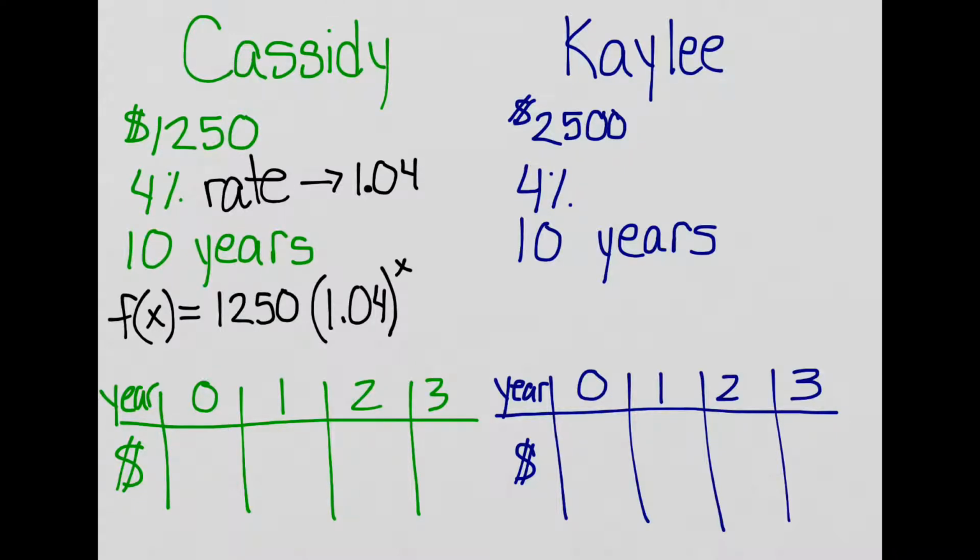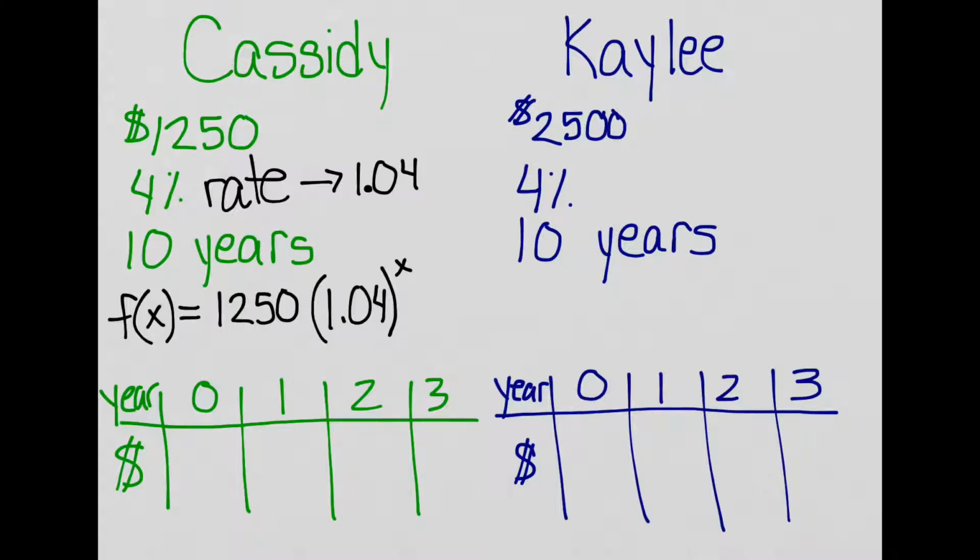But although we know she's going to leave it in there for 10 years, we're just going to put an x for the exponent because we want to figure out how much it's worth after just 1 year or 2 years or 3 years. We're going to use our equation to help us fill out the table. And so we don't want to put a 10 into the equation just yet. If we were skipping to find out how much at the end, well, then we could do that with the 10. And so right now, we're just going to plug it in one at a time.